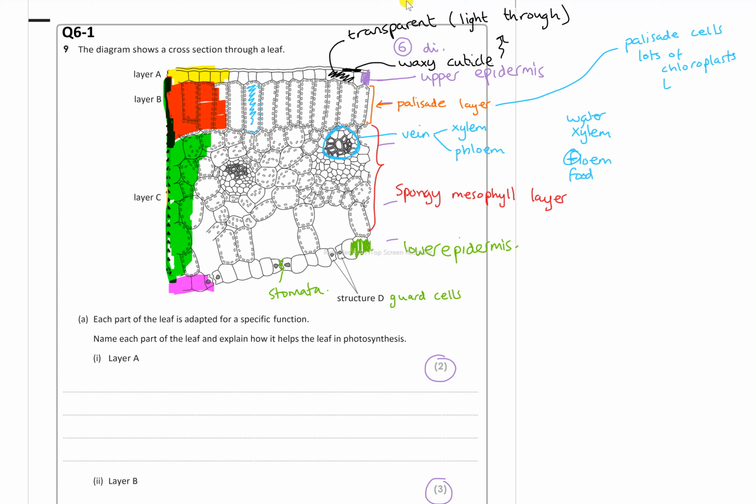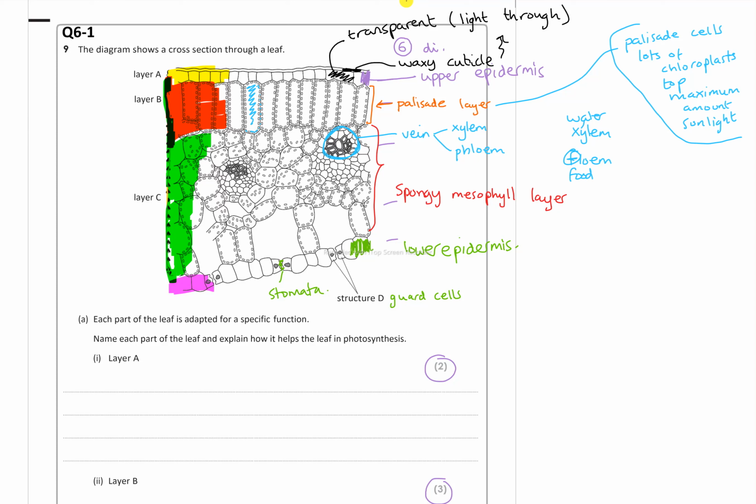Why? It's at the top of the leaf, so it catches the maximum amount of sunlight. Okay, so I'm doing it like this so then you can make a sentence out of that.